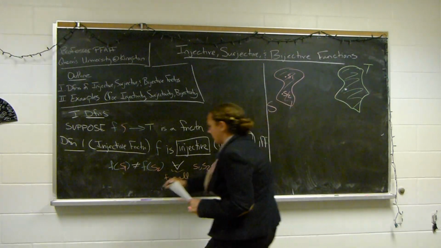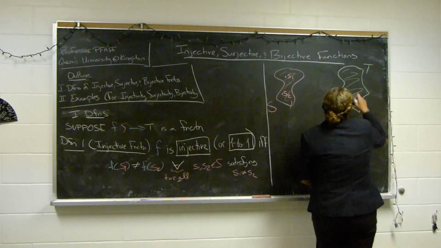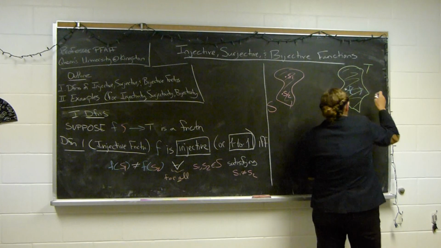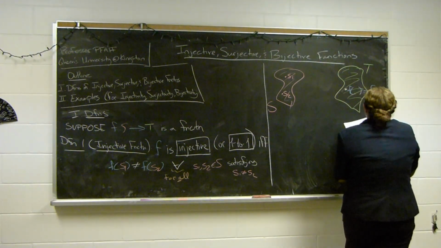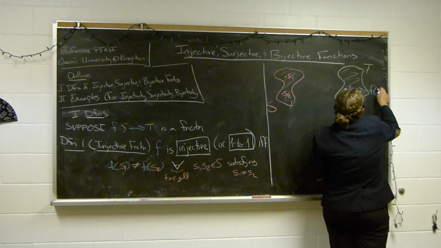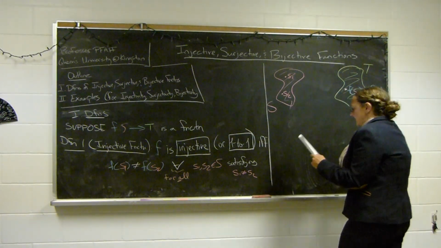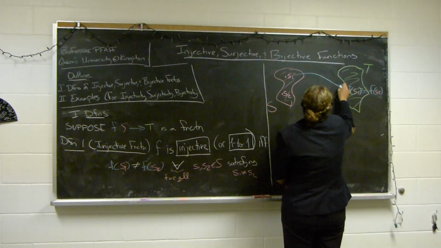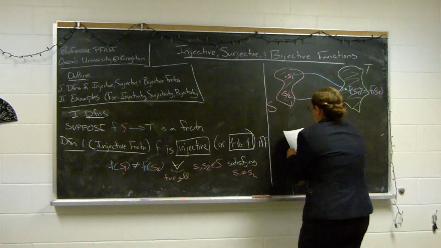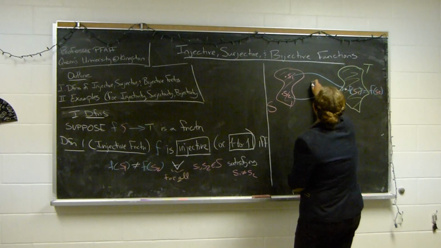So we would have f, and we would have that f of s1 equals f of s2. Or rather, we don't want this, because we would really like for this to be injective, and we spoil it when we send two things to the same place. This is my no picture.